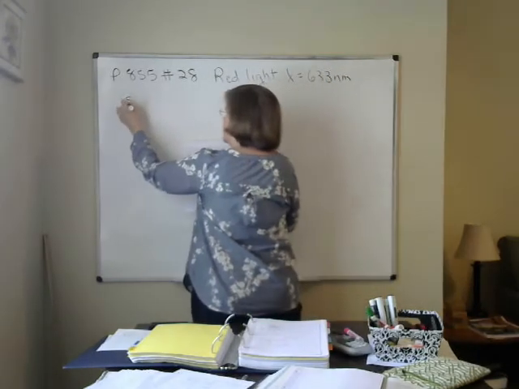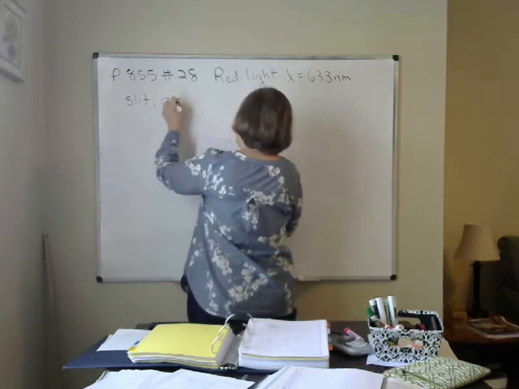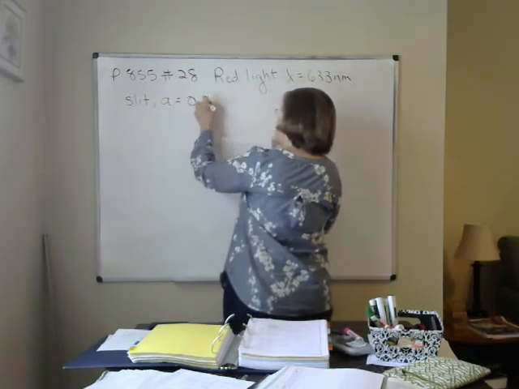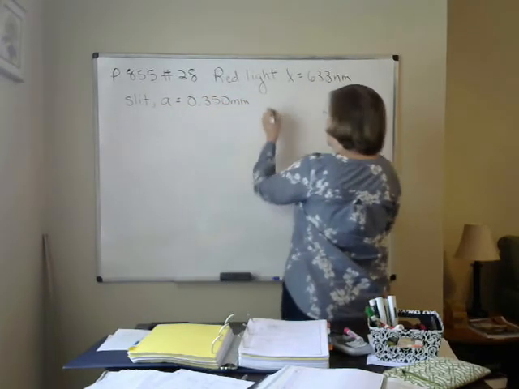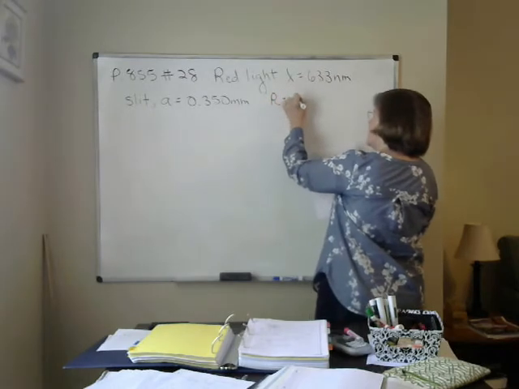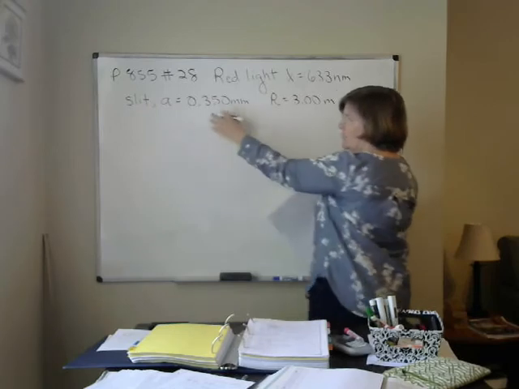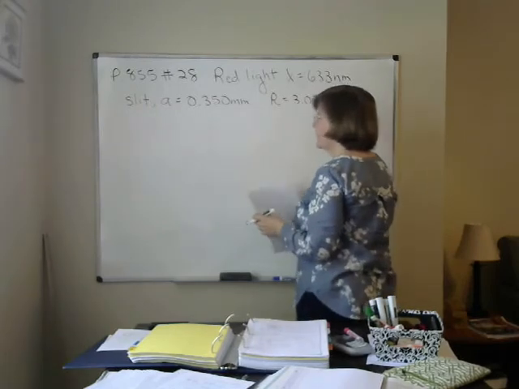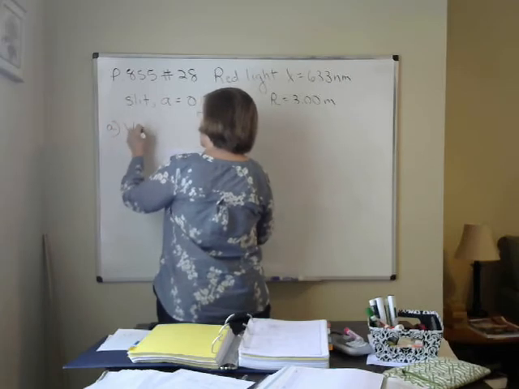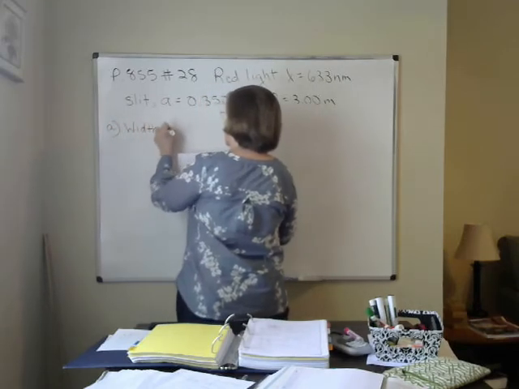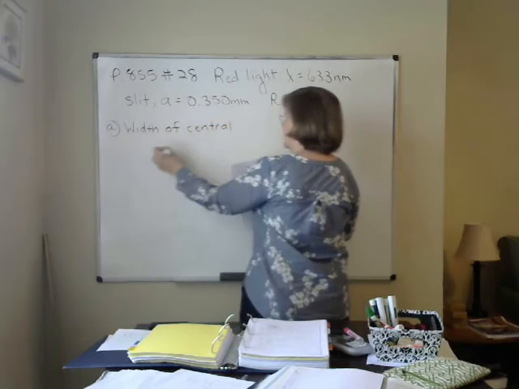We have a single slit with a width a of 0.350 millimeters, and a screen located a distance of 3 meters from this slit. The first question they want us to answer is, what is the width of the central bright fringe?